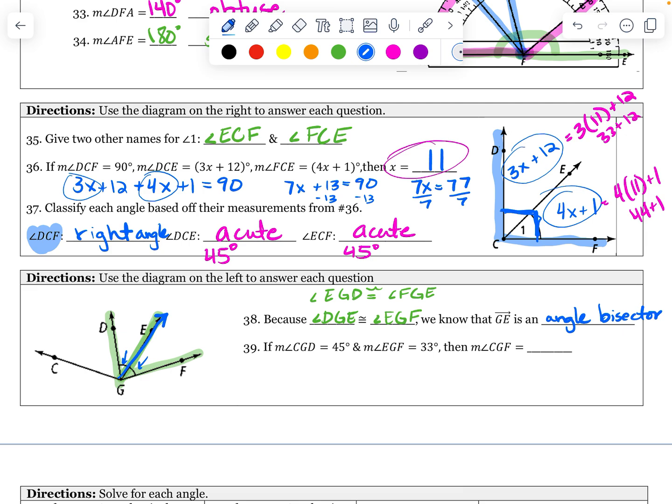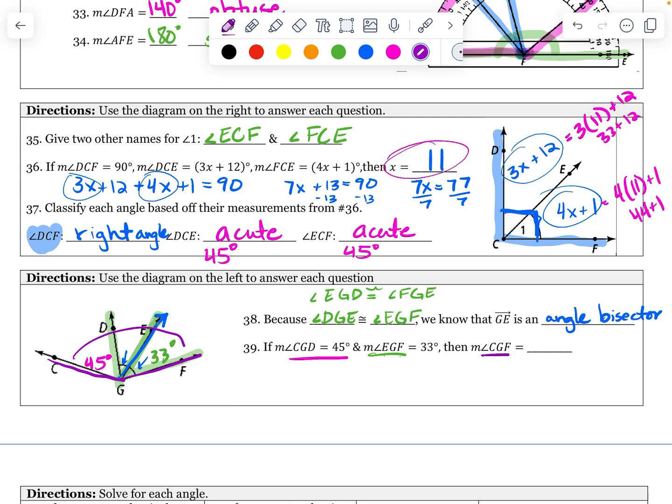So if CGD is 45, and the measure of EGF is 33, then find CGF.